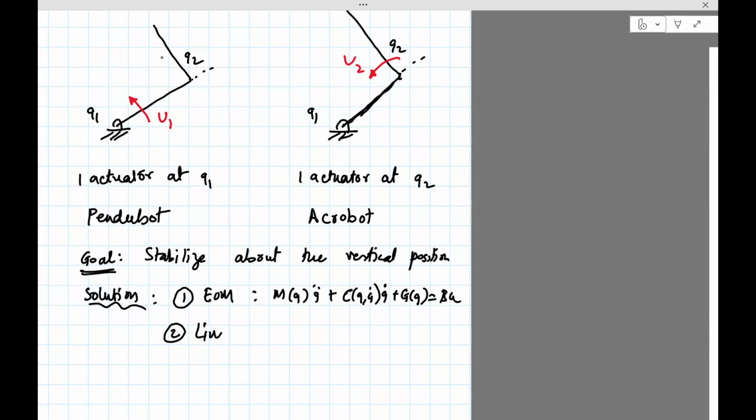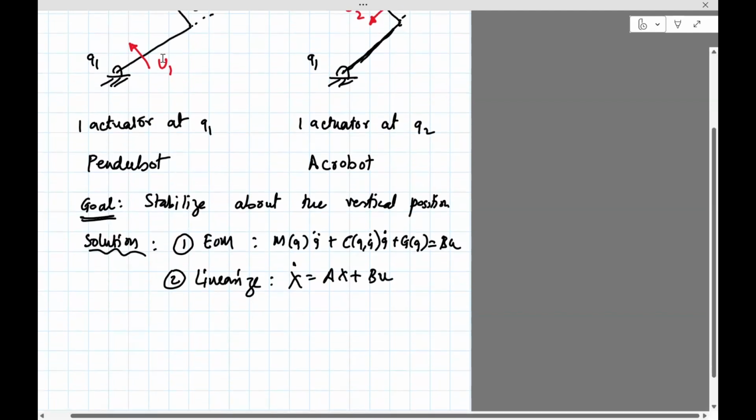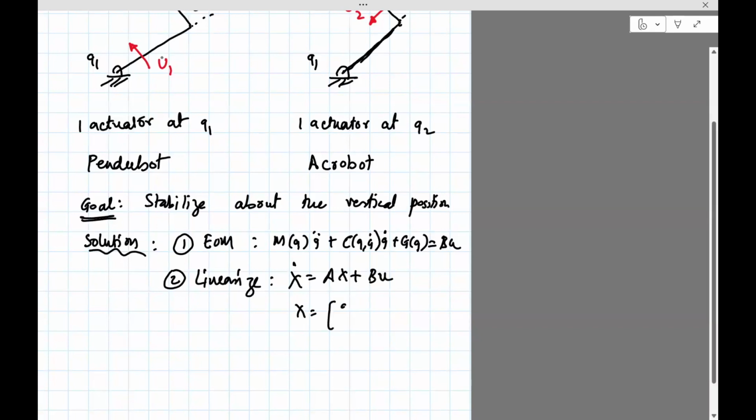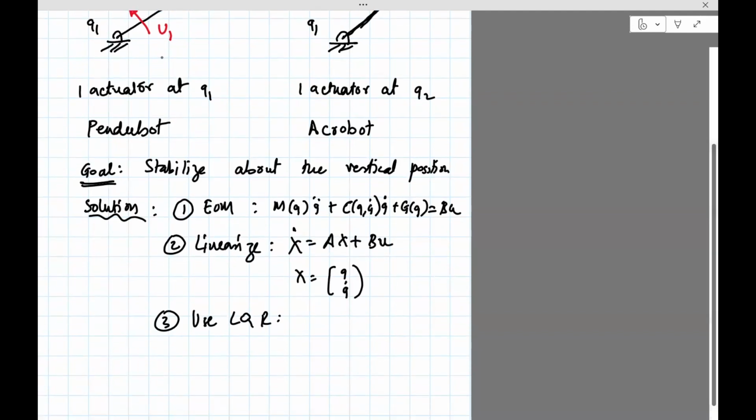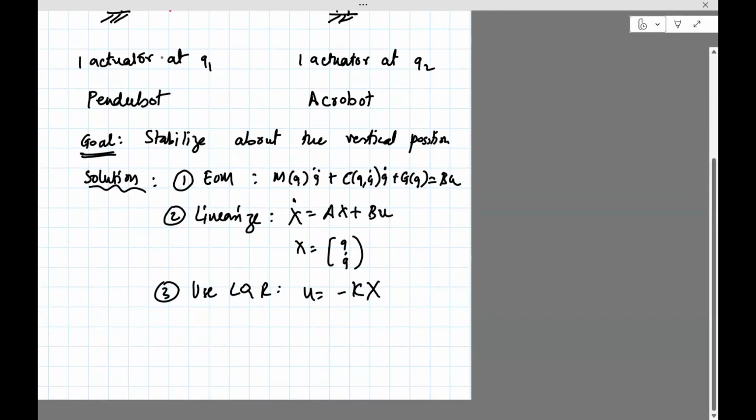Second, we'll linearize to get x dot equals A x plus P u, where x will be q and q dot. Third step will be to use LQR. Okay, so we'll try to come up with a controller which looks like this by using the command LQR.